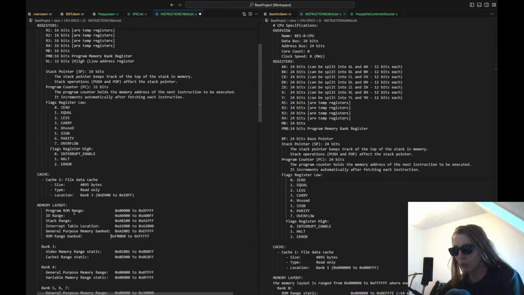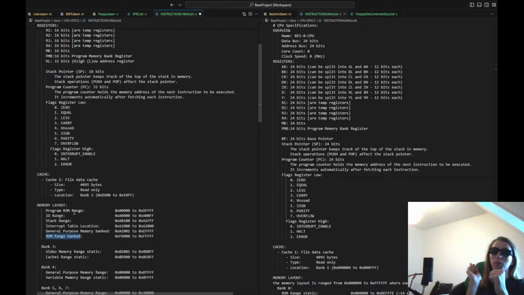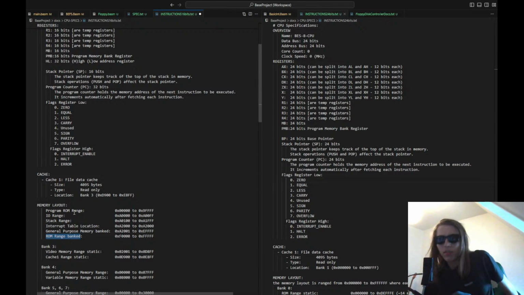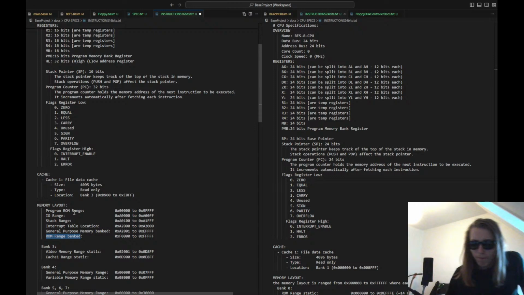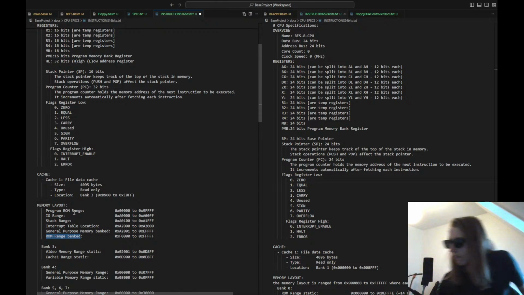So this won't be specifically program ROM, but for example, where you have like BASIC, the character set, all those different things that you really need.